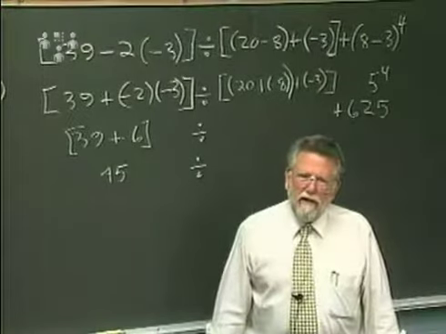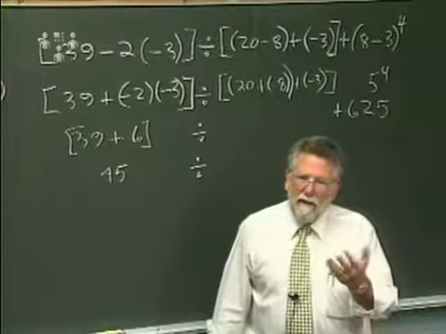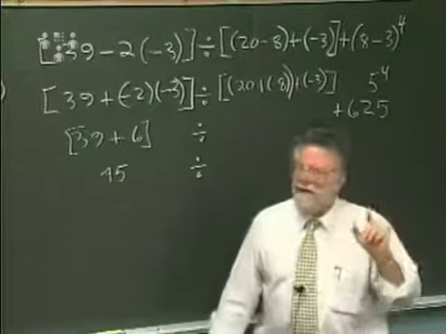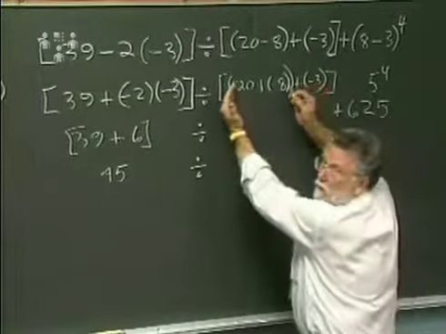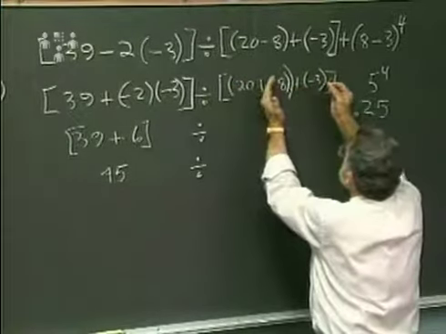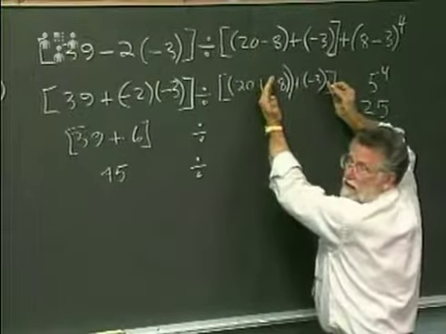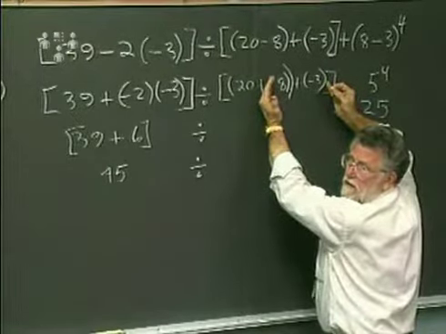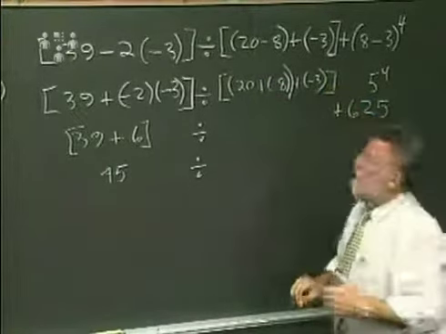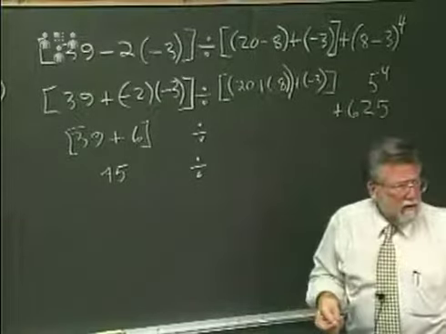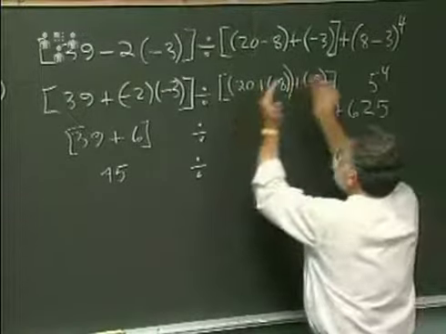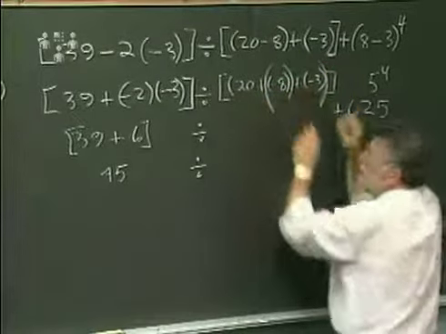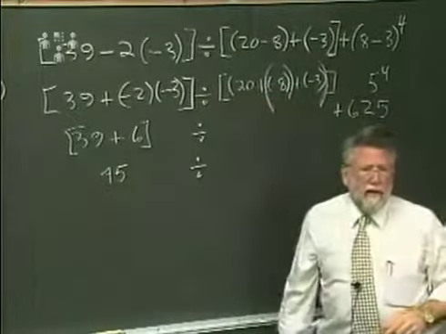No, not the distributive. Not the commutative. The associative. Group it here, shift the grouping here, and do what Jessica said. The negative 8 and negative 3 is negative 11. Again, I'm going to do the negatives together. I switch it, and this becomes my new parentheses. I shifted it over. That's the associative property.